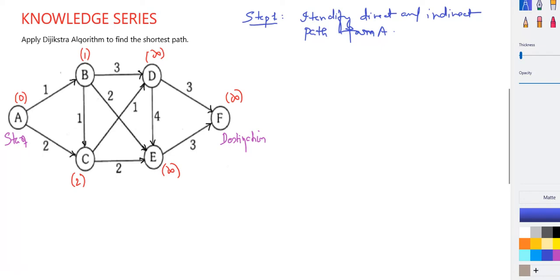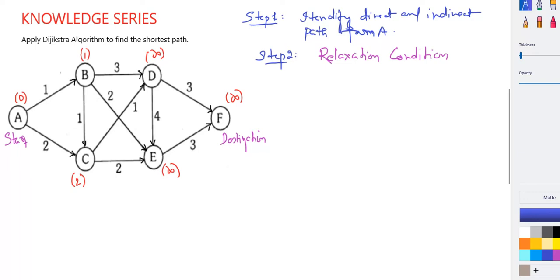Now our next step, step 2, is that we have to look for the relaxation condition. About the relaxation condition, you can see my earlier video where I have spoken about it. Under the relaxation condition we will go with the next step.